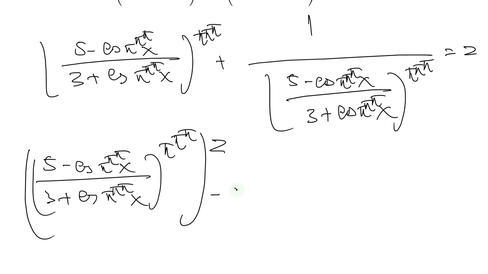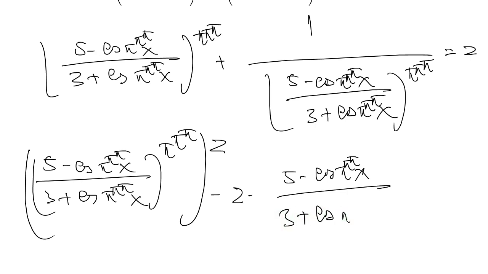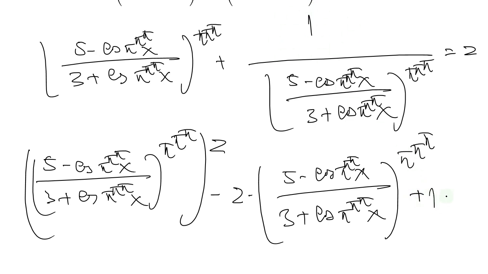So I'm going to say minus 2 times (5 minus cos pi x)/(3 plus cos pi x), then this one to the power of pi to the pi, and now I'm left with 1 here. This is plus 1, and then this equals 0.